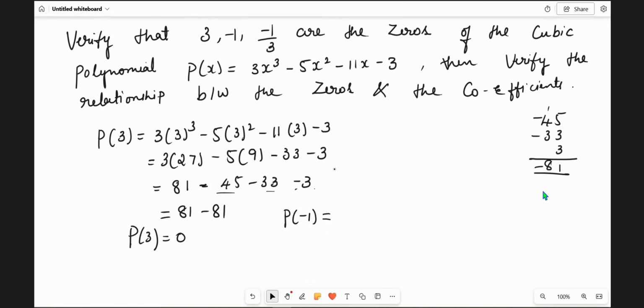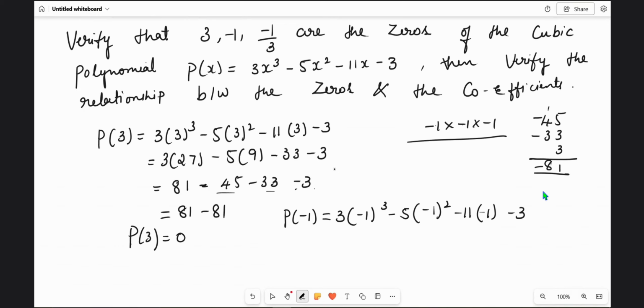What you will get? P of minus 1. Instead of x, put the value as minus 1 and check. 3 into minus 1 whole cube minus 5 into minus 1 whole square minus 11 into minus 1 minus 3. Okay. Minus 1 whole cube, what will be the value? Minus 1. Why? It is minus 1 into minus 1 into minus 1.